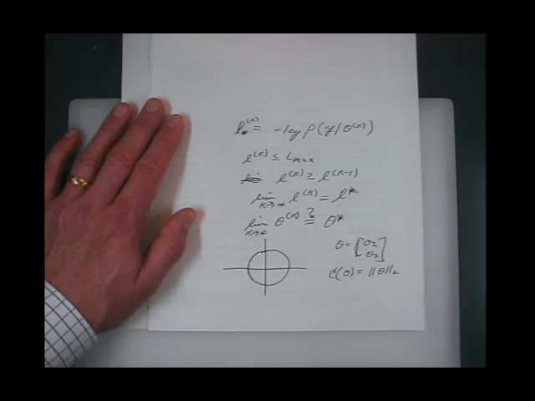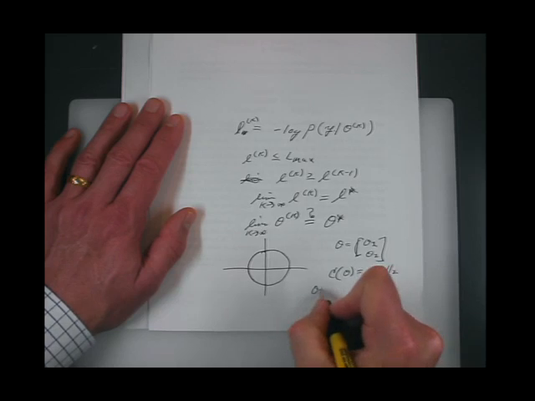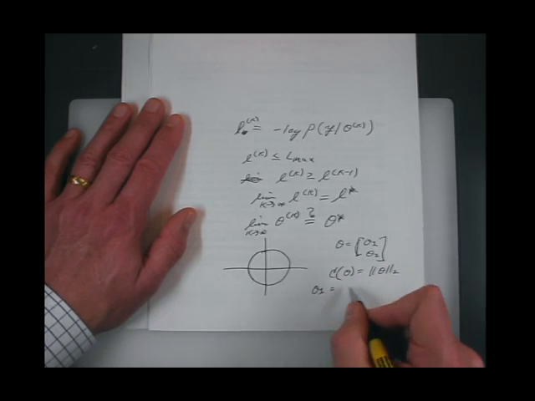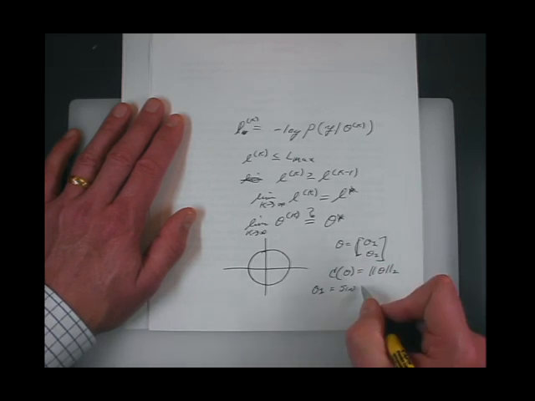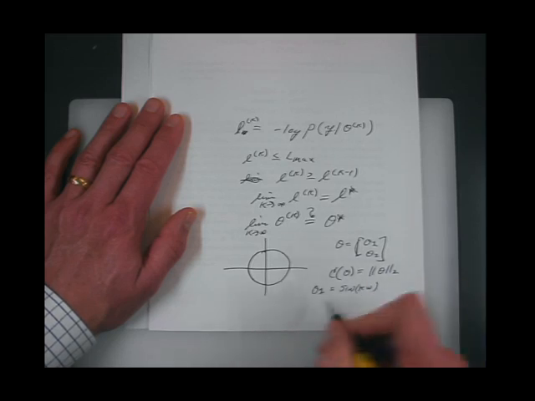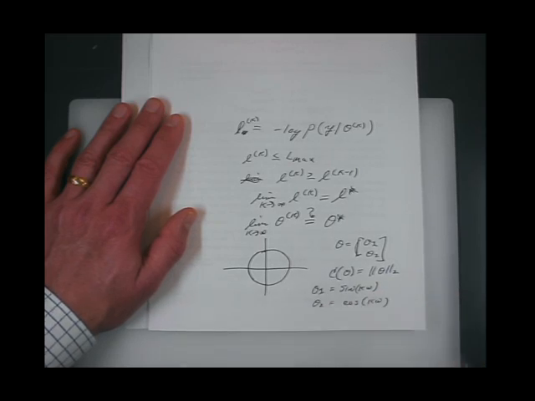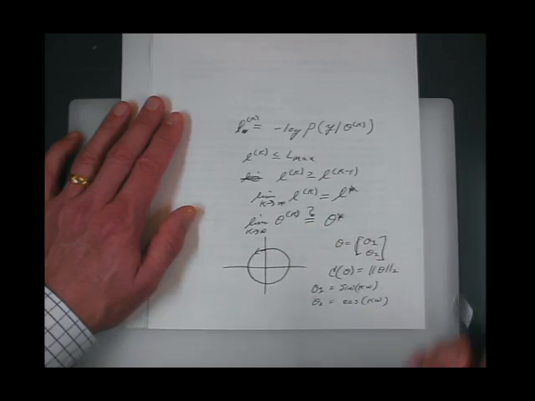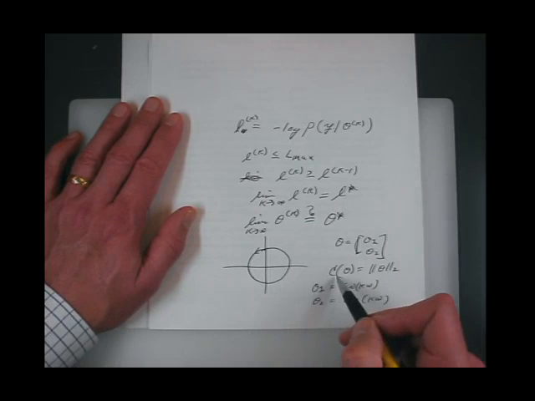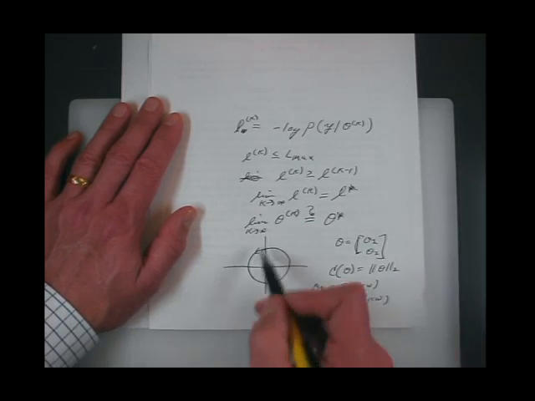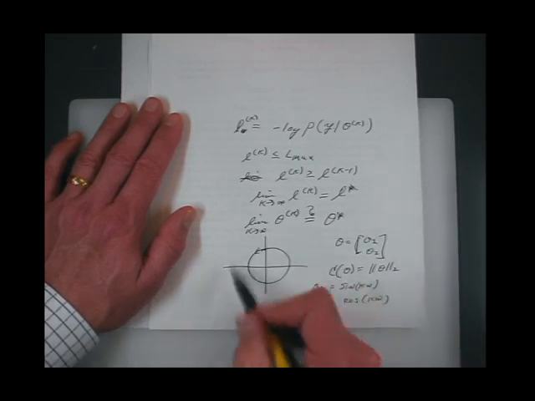So theta 1 equals sine of k omega, and theta 2 equals cosine k omega. Then you'll just keep going around the circle. And the cost function will reach a limit, but the theta won't. You'll just keep moving around.